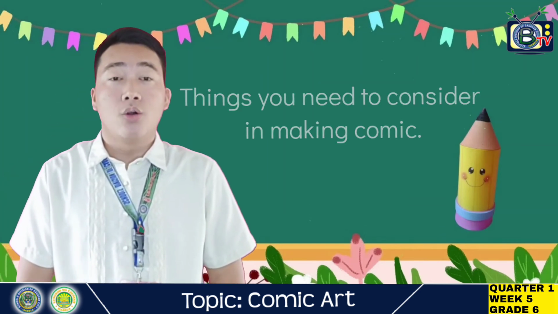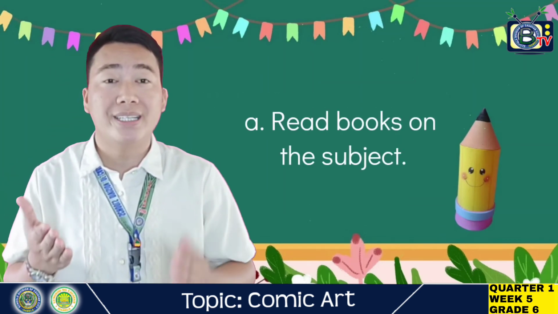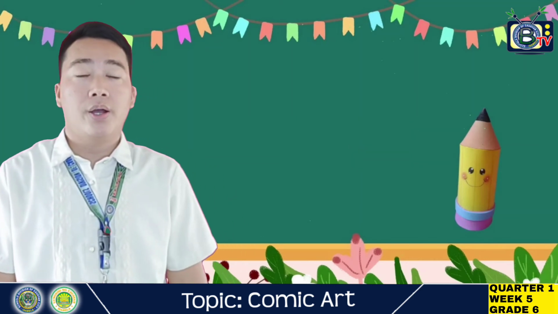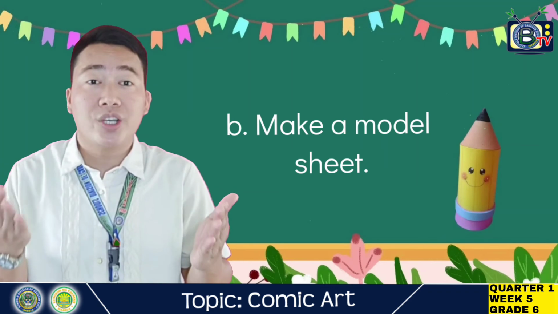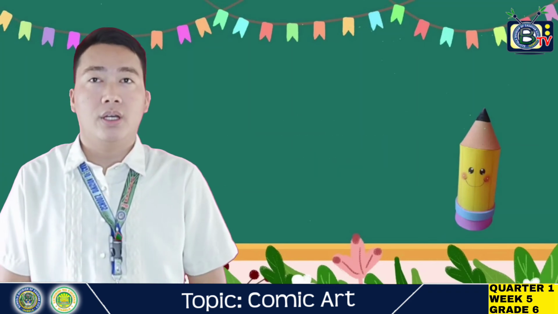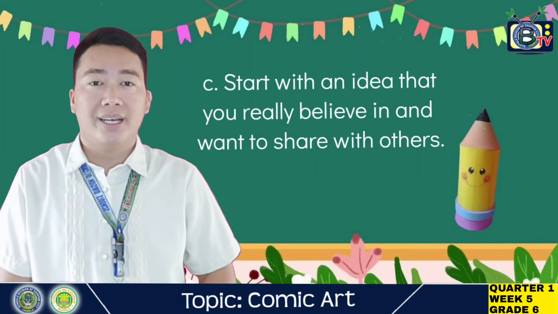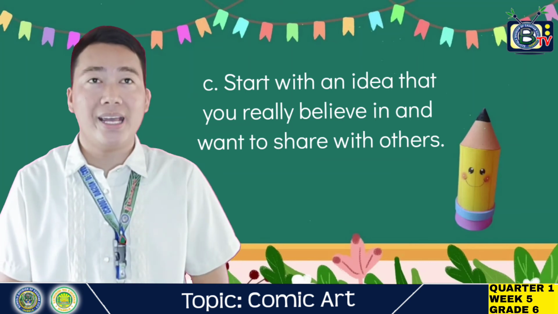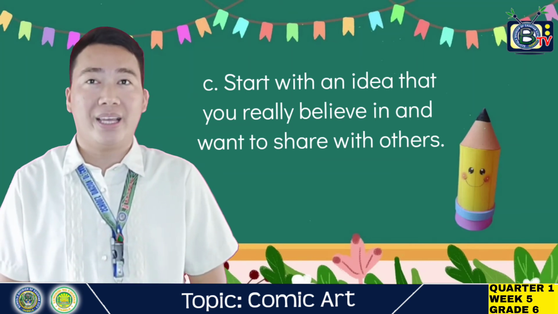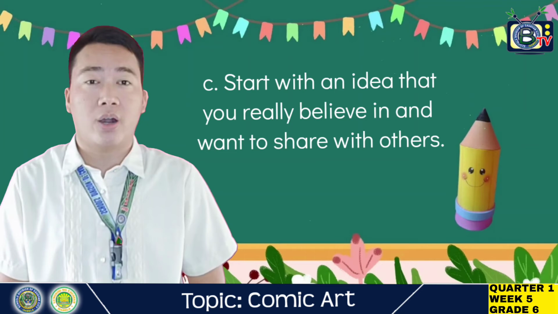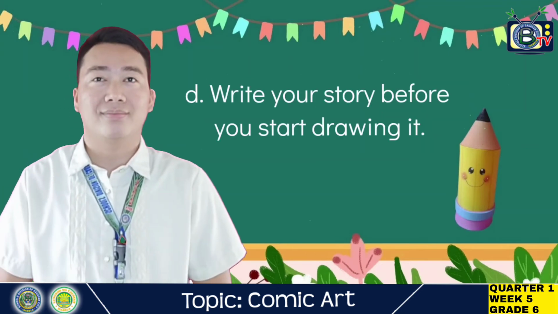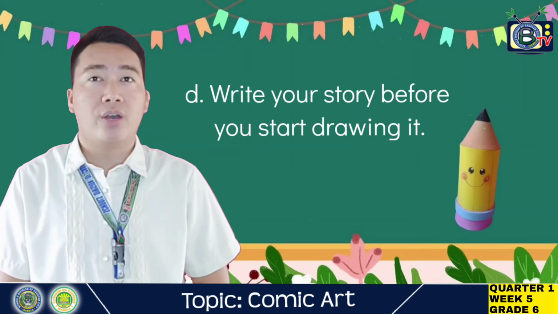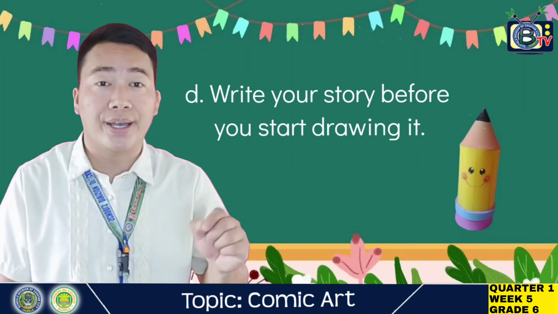A. Read books on the subject. B. Make a model sheet. C. Start with an idea that you really believe in and want to share with others. D. Write your story before you start drawing it.